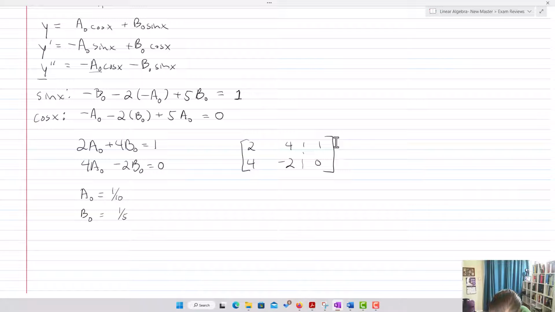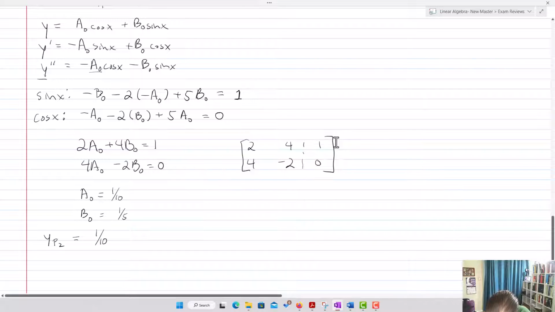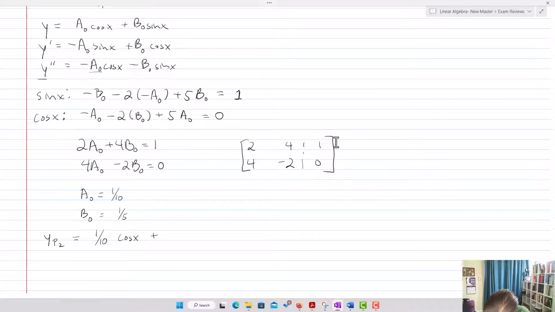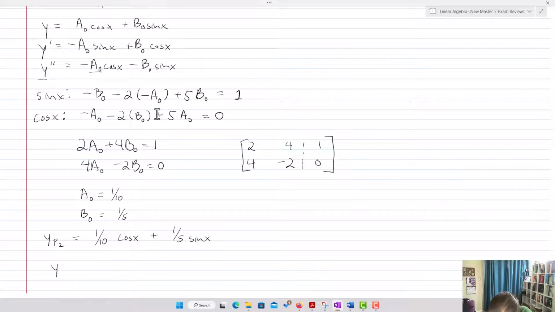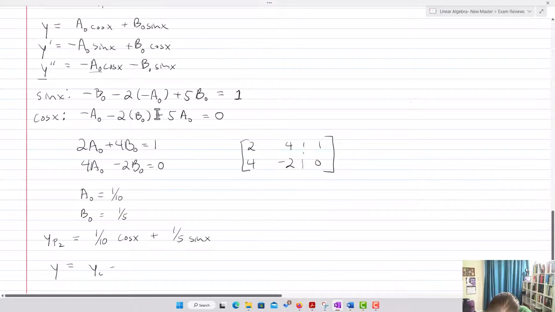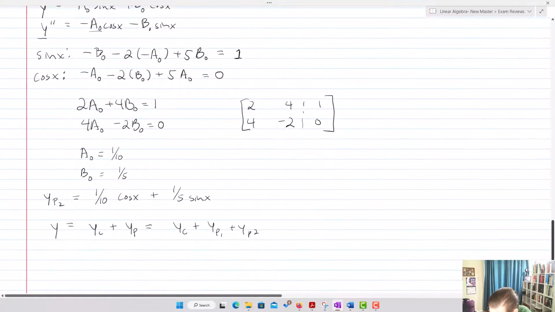So consequently, my solution, call it yp2 now, is equal to 1/10 cosine x plus 1/5 sine x. So what I'm going to do then is combine that with my homogeneous part, my yc. So remember that y, my actual solution, is going to be yc plus yp, which in our case is going to be yc plus yp1 plus yp2. Okay, my particular solutions.